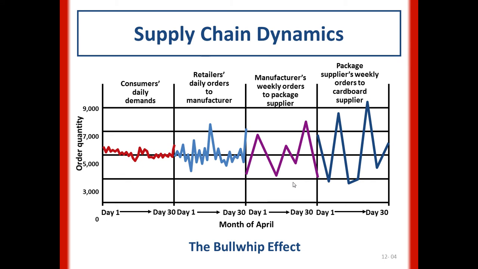The slightest change in customer demand can ripple through the entire chain, with each member receiving more variability in the demand from the member immediately downstream. A firm contributes to the bullwhip effect if the variability of the orders to its suppliers exceeds the variability of the orders from its immediate customer.